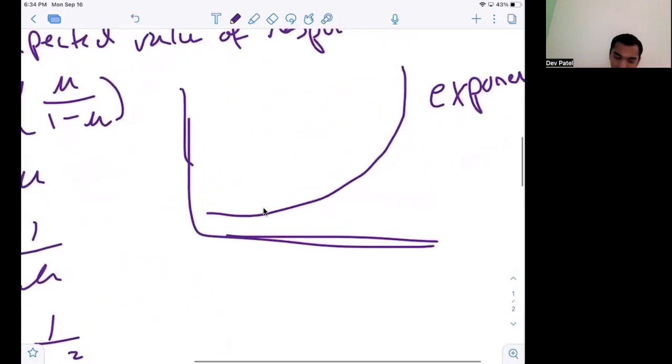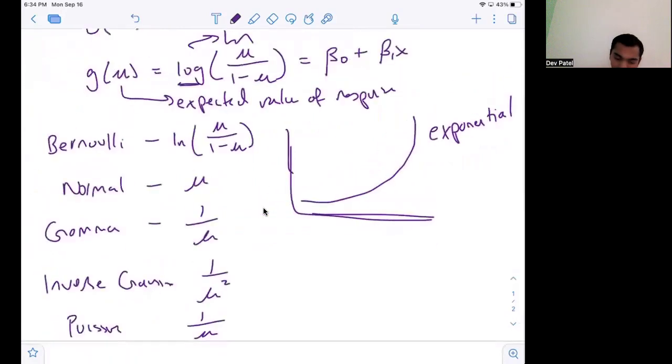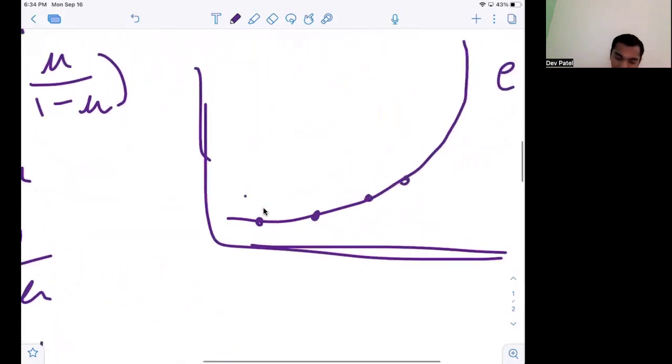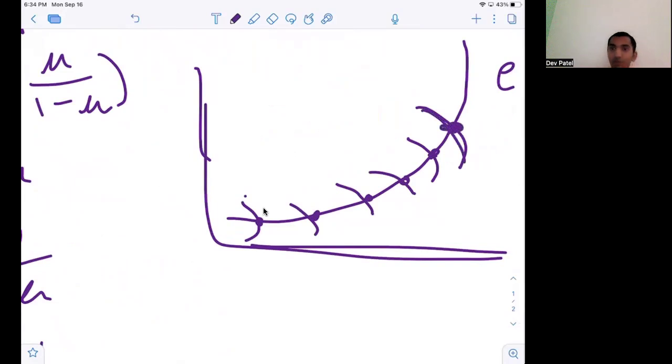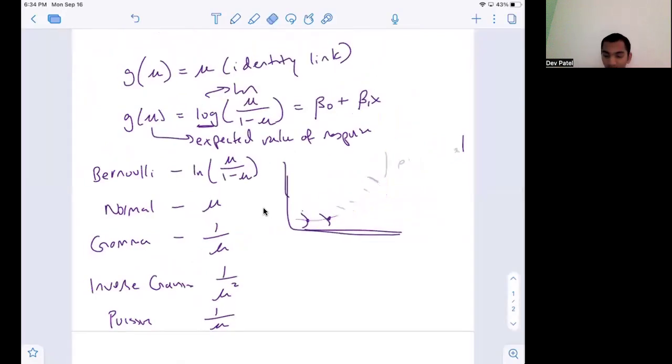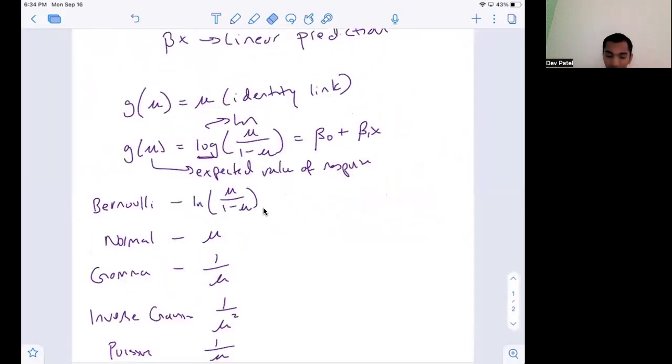But then let's say for some reason we determine that the distribution of our y actually follows a normal distribution. We see that the distribution of our y actually follows a normal distribution. So for each of these points, that's actually the expected value of the normal distribution of the y at that given point. So there are certain cases like that that we want to be mindful of, in which we're not always using the canonical link function.